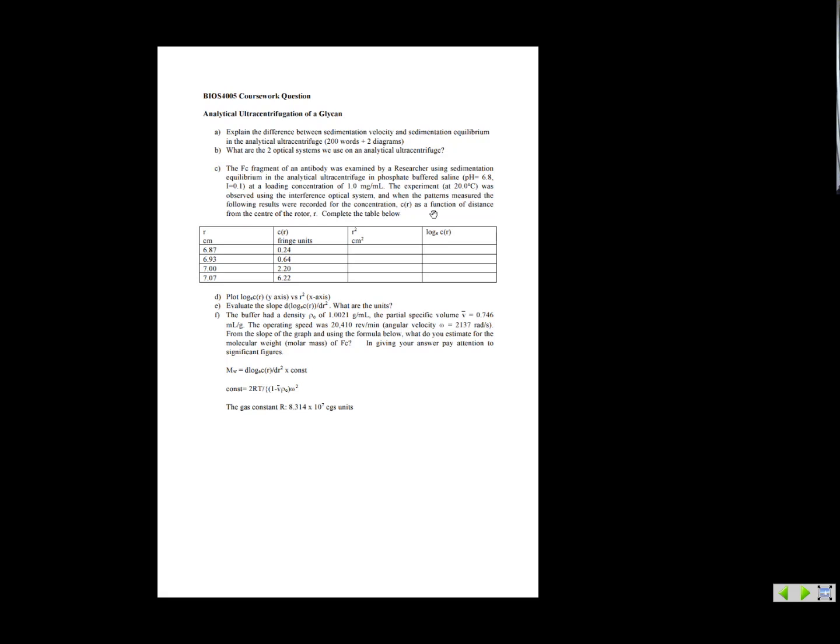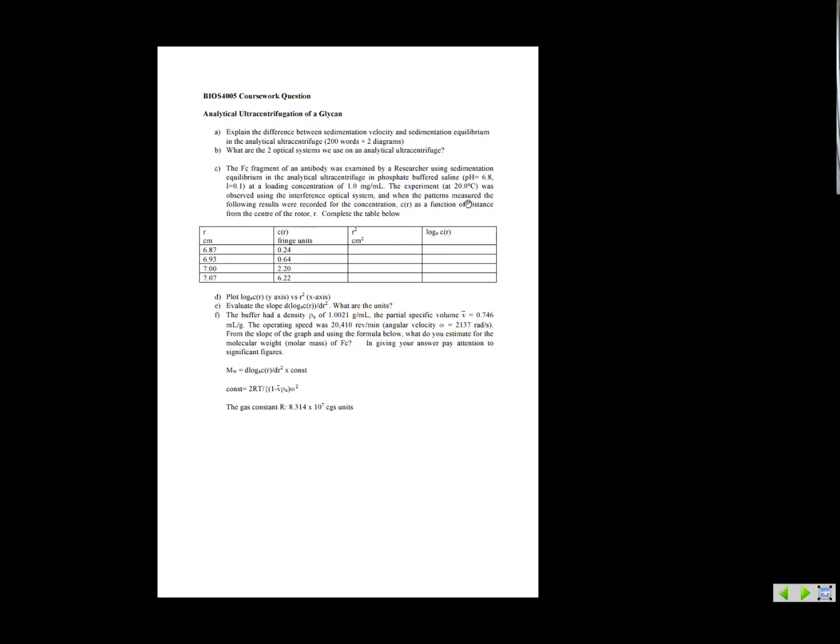Complete the table below. So distance from center of rotor is r, and C(r) is the concentration expressed in fringe displacement units. You've got 4 data points here: distance, concentration. And the first thing you've got to do is complete the table. So you square the distances, and then you work out what the natural log is.